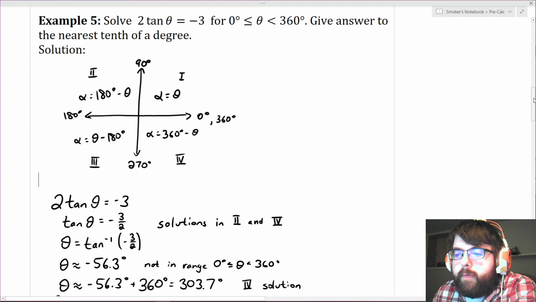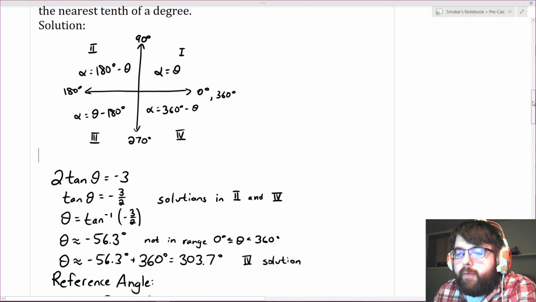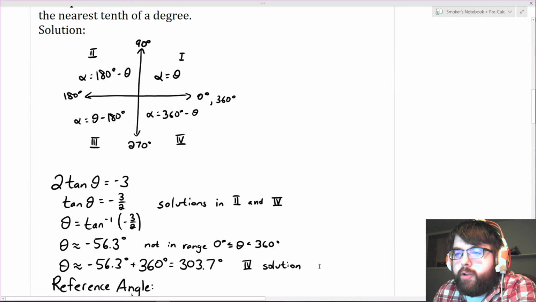Okay. Once I've gotten the theta that my calculator gives me, or an answer coterminal to it, the next step is to find the reference angle. I have a fourth quadrant solution, so I'm going to use alpha equals 360 minus theta, using this as my theta.